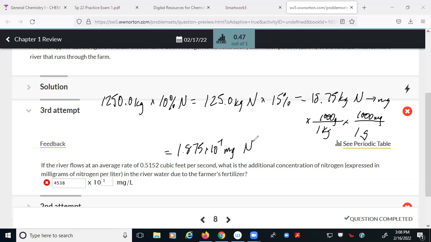So that's our runoff in terms of nitrogen. Again, this is 1 year's time.